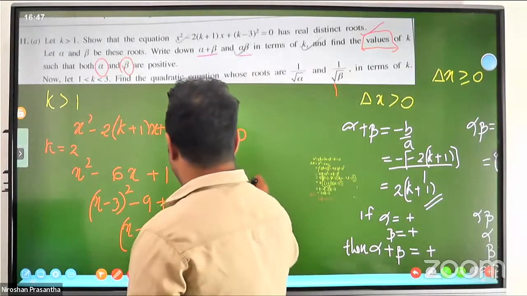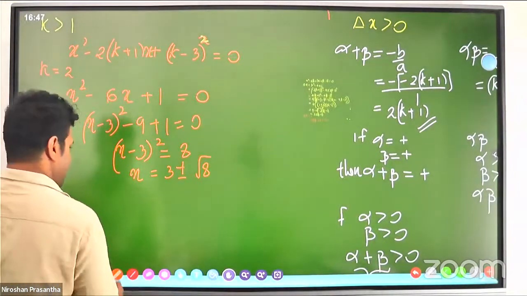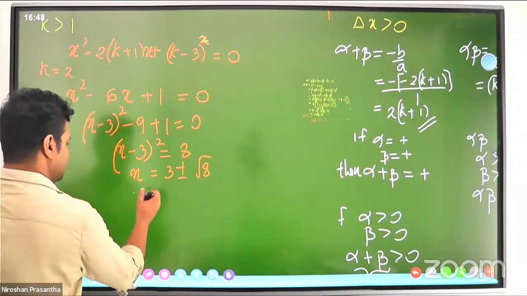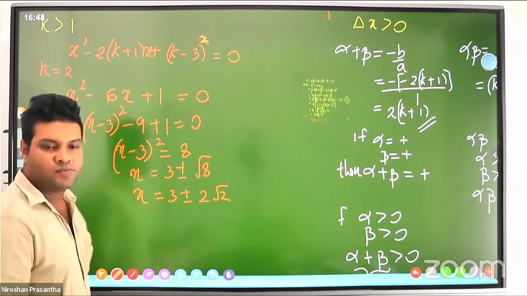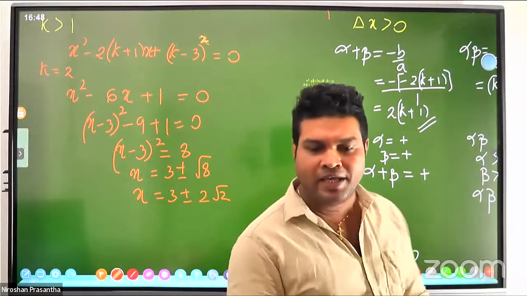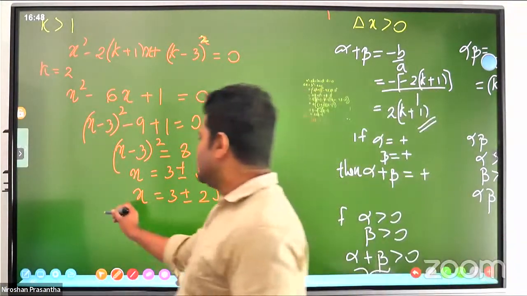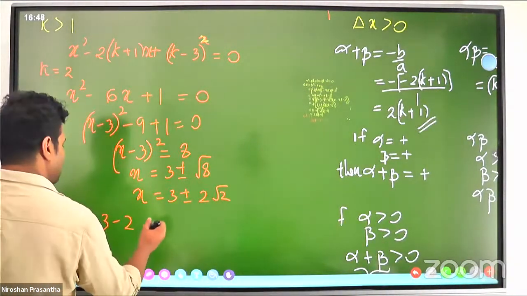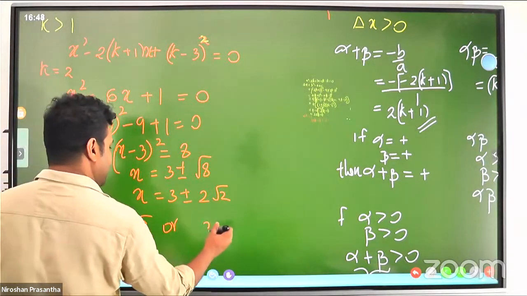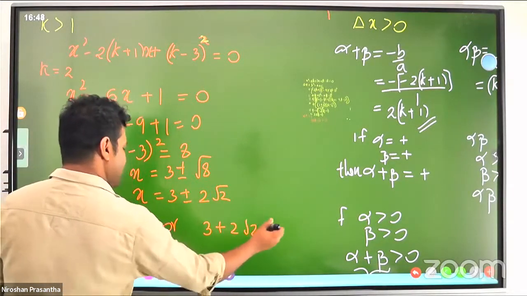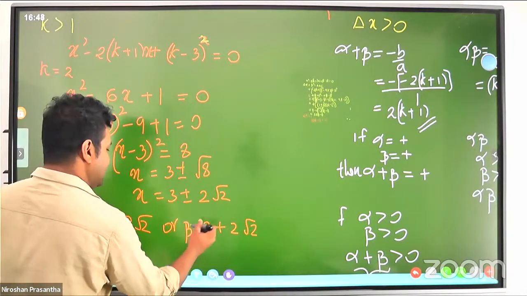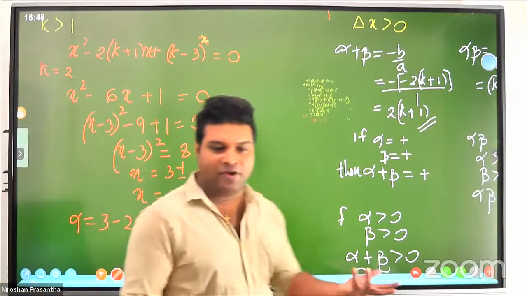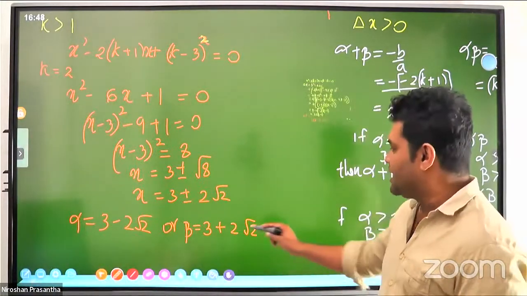Now, x equals 3 plus or minus 2 root 2, because 4 times 2 is inside the root 8. This is 3 minus 2 root 2 or 3 plus 2 root 2. Alpha is 3 minus 2 root 2, beta is 3 plus 2 root 2. Beta is already positive.